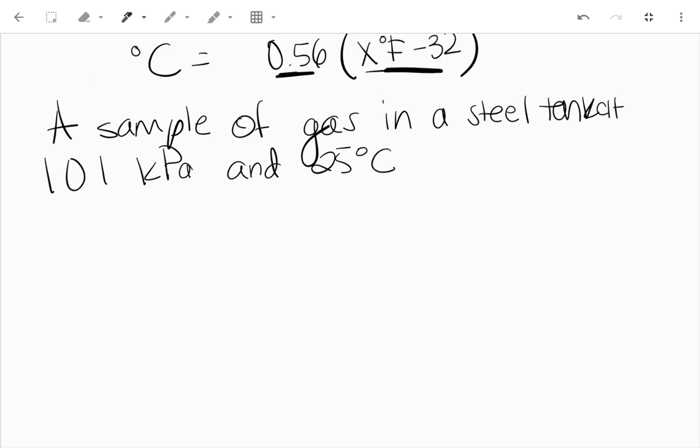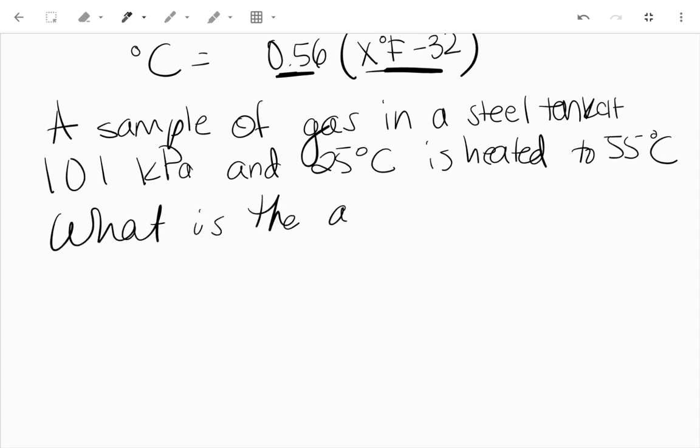So a sample of a gas in a steel tank at 101 kilopascals and 25 degrees Celsius is heated to 55 degrees Celsius. So what is the air pressure in the heated tank?